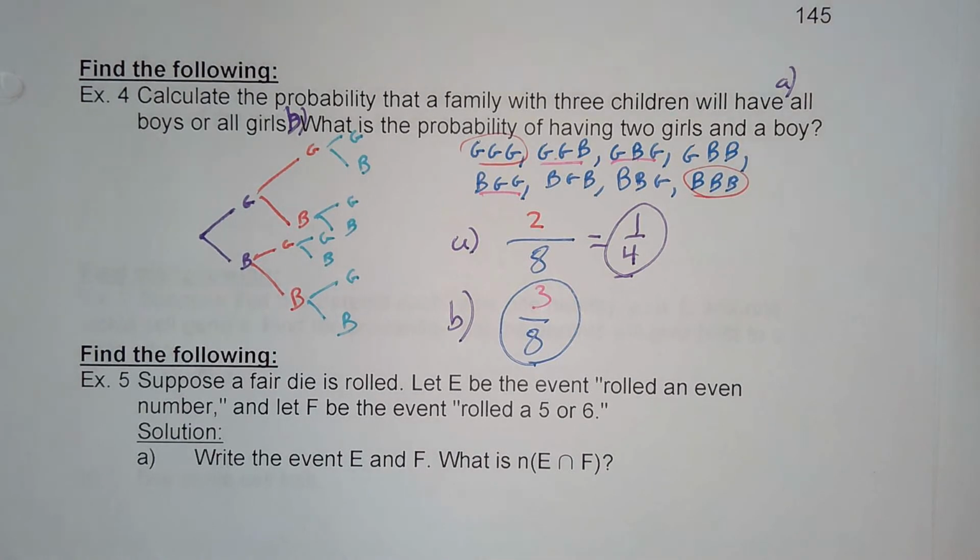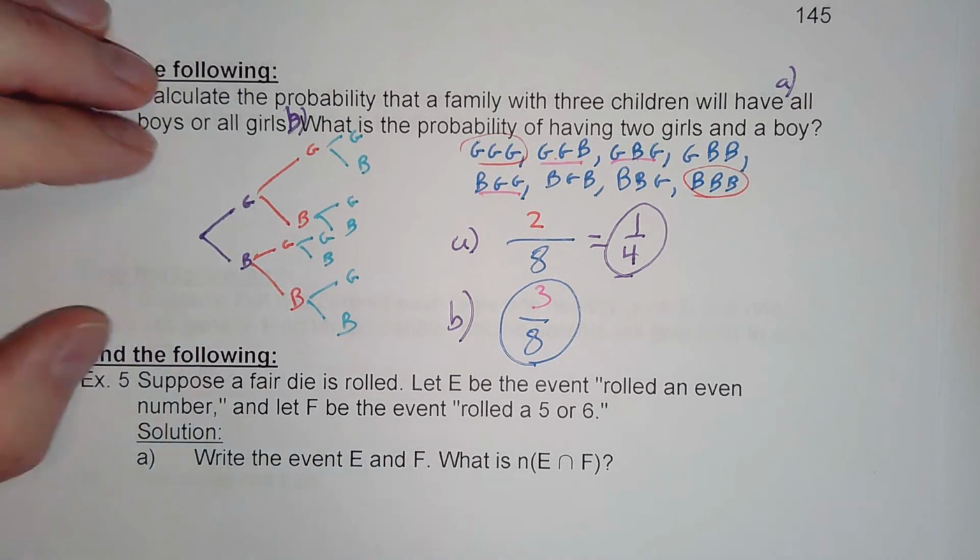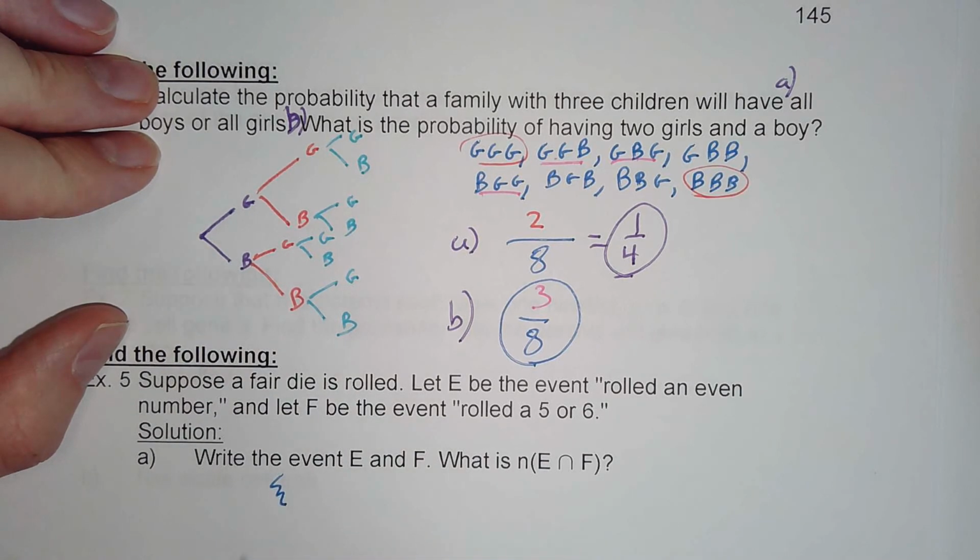So for number 5, let's suppose a fair die is rolled. We're going to let E be the event rolled an even number, and let F be the event of rolled a 5 or 6. Write the event E and F. So E is an even number. So that's 2, 4, and 6.